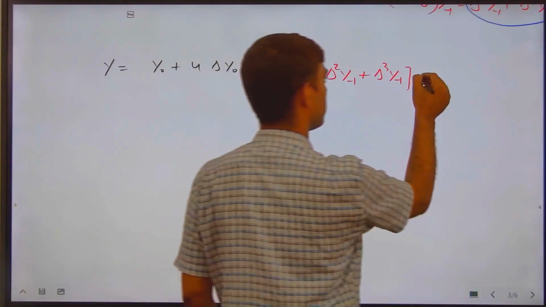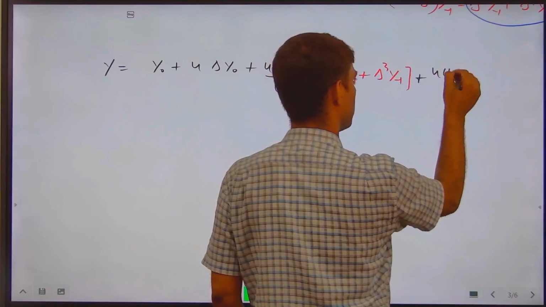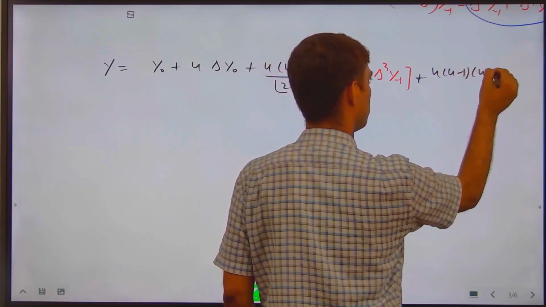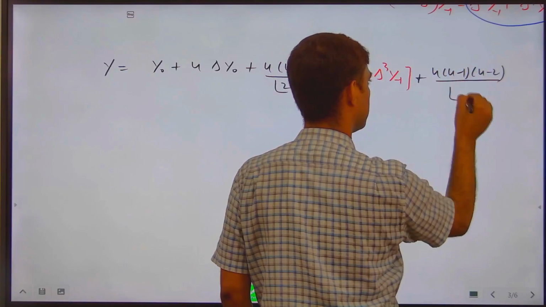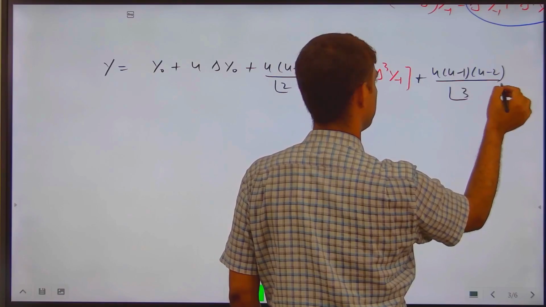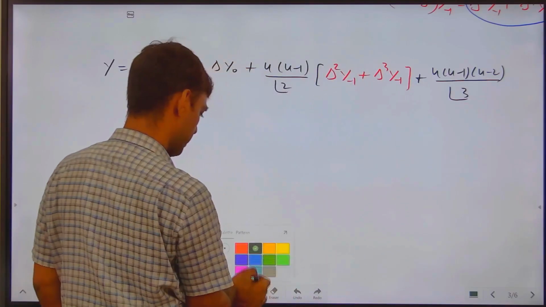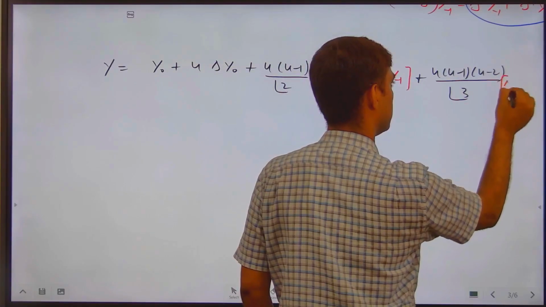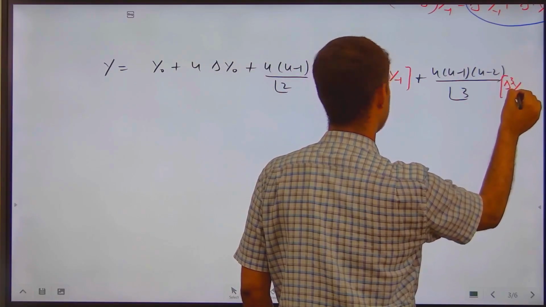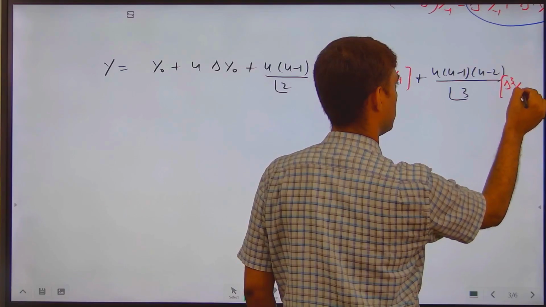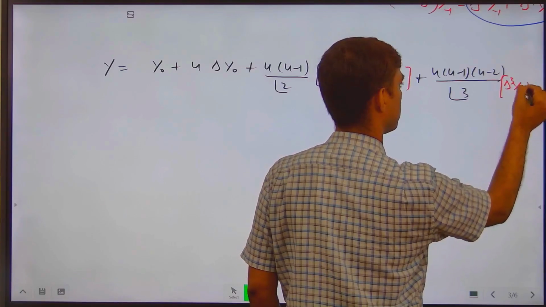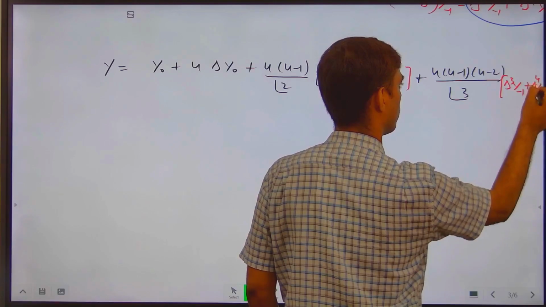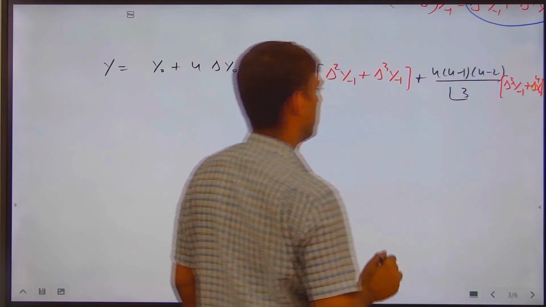plus u minus 1, u minus 2 upon factorial 3, and this becomes here we write del 3 y minus 1 plus del 4 y minus 1 and so on.